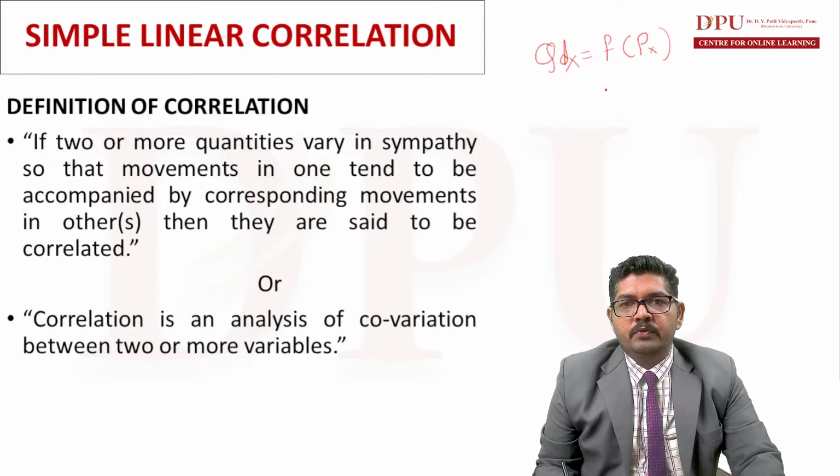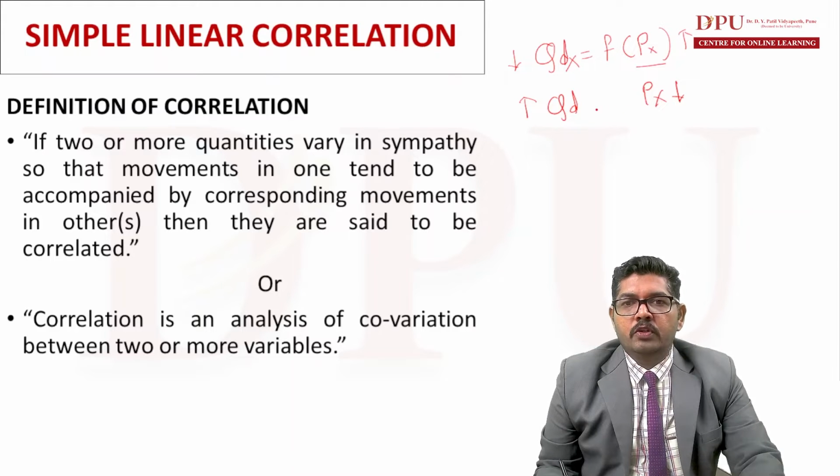So for example, if the price of the commodity increases, the quantity demanded goes on decreasing, and when the price decreases, the quantity demanded increases. So by changing the one variable, there is a corresponding change in the other variable, and that's why we say that these two variables are correlated.